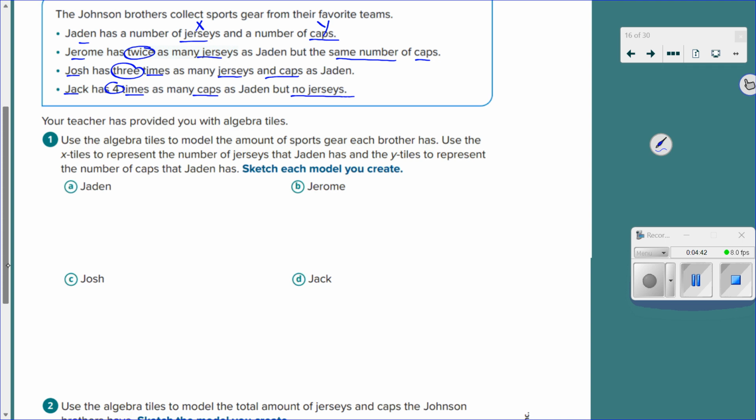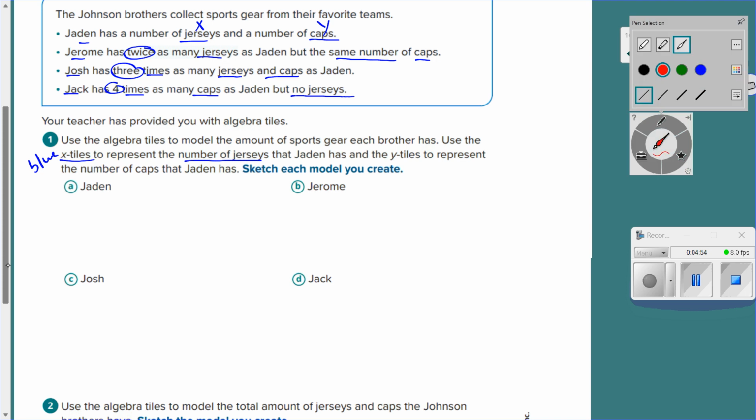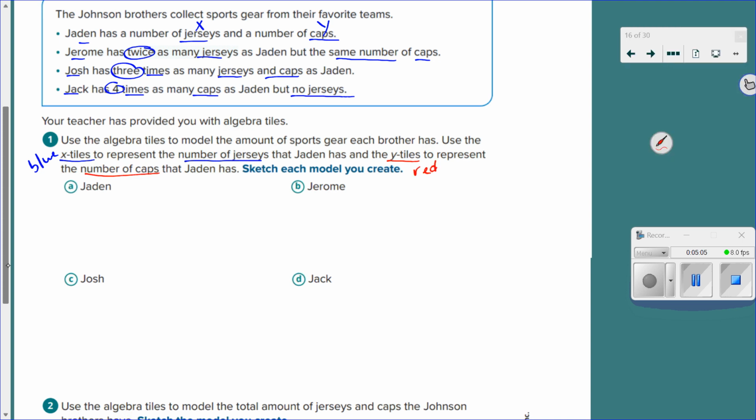And what we're going to say is the X tiles are going to represent the number of jerseys, and we're going to make those the blue tiles. So your blue tiles represent jerseys. The red tiles are going to be the Y tiles. So that's going to be the number of caps. So your Y tiles are going to be your red tiles. Okay, everybody tracking so far?